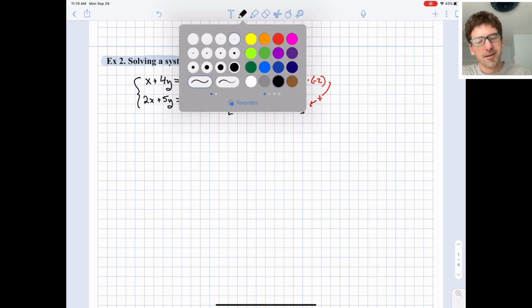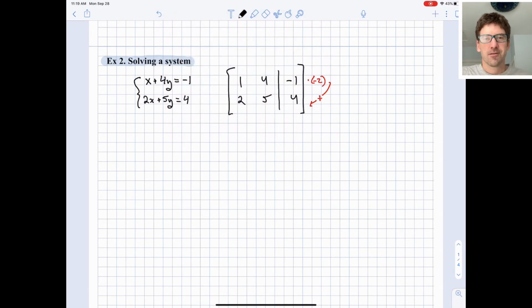So you might be thinking, how do you know how to do all that? I think you'll see as we go through it. So we are going to keep our row 1, and then our new row 2 will be -2 times row 1 plus the original row 2.